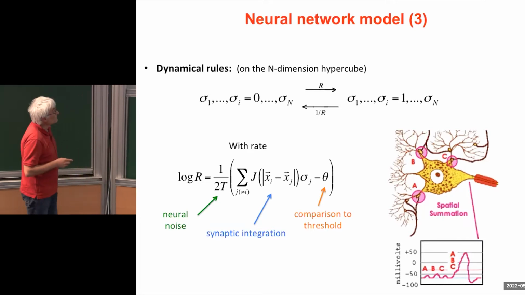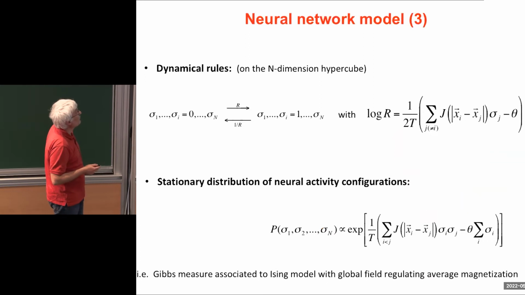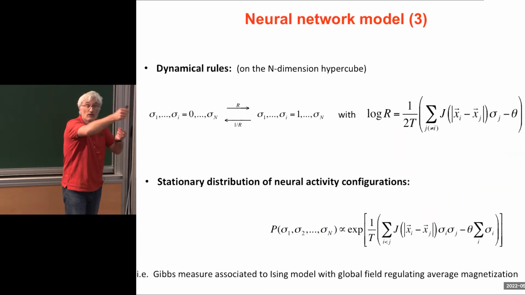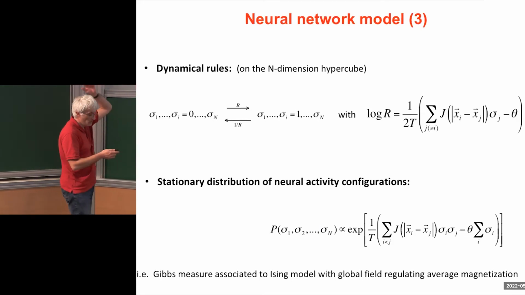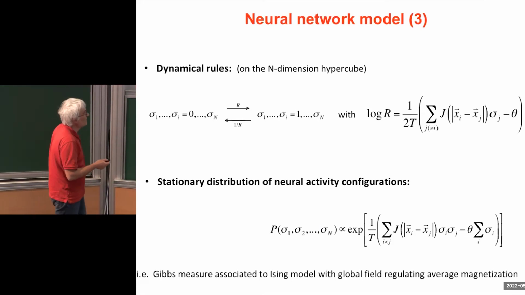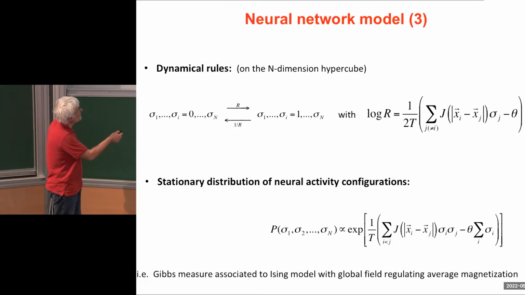Okay, so essentially, once I have defined the dynamics over my set of spins, I'm just having a dynamics over the n-dimensional hypercube. And you know that since this dynamics is satisfying detailed balance, eventually at long times the probability of any configuration of the n activity states of the neurons will be given by this exponential of this term here.